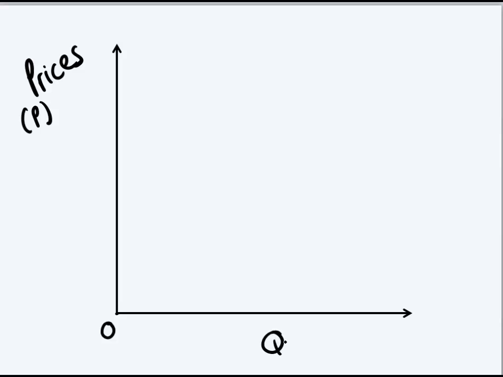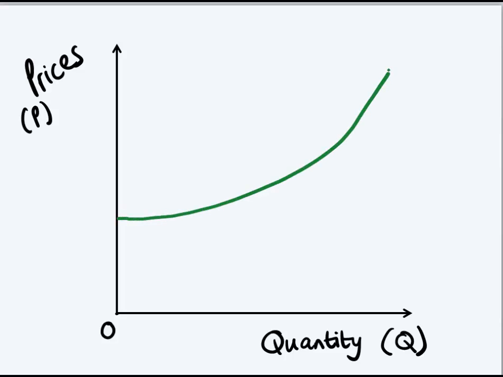X-axis, I call it quantity. The textbook calls it quantity of output. It doesn't matter, you're going to call it quantity or quantity of output. I'm just going to write in brackets Q to show that I use Q for short for quantity. Now, first of all, is this a supply curve. The textbook shows us a curved supply curve.